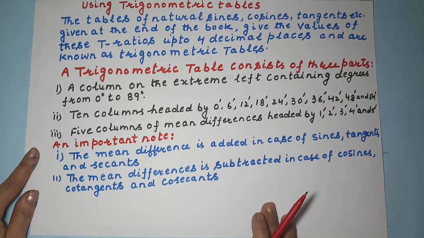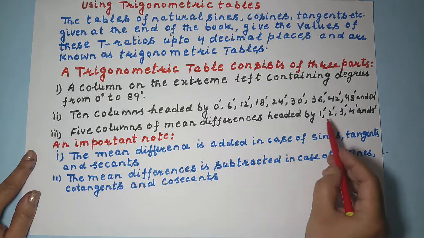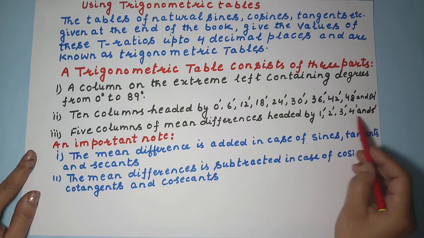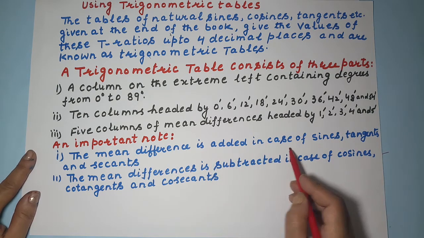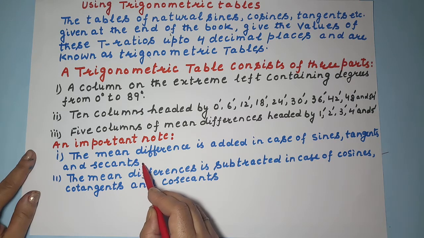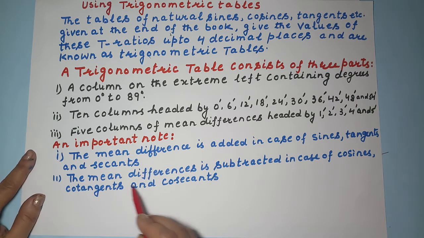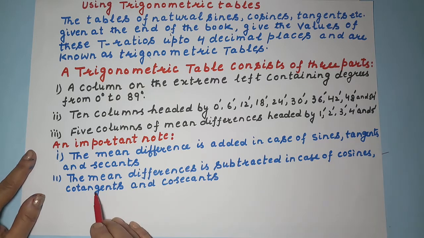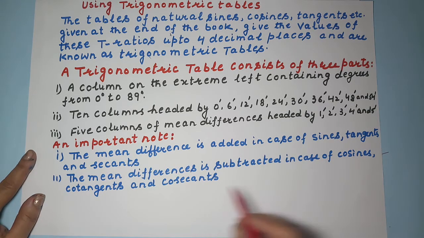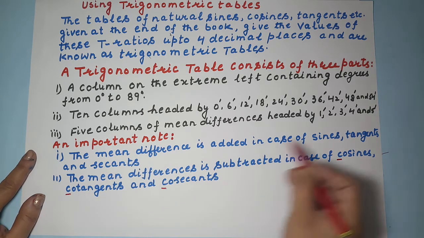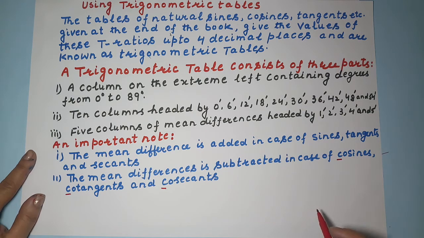Now, an important note: the value that you choose from these mean differences is added in case of sines, tangents and secants, right? And the mean difference is subtracted in case of cosines, cotangents and cosecants. In short, remember that for all the C's in T ratios, the mean difference value has to be subtracted.